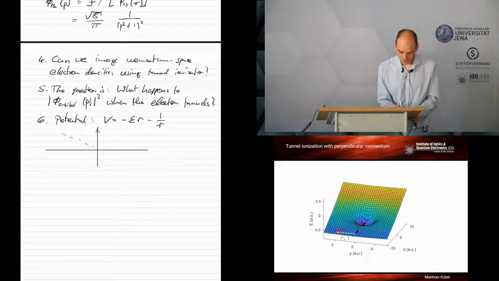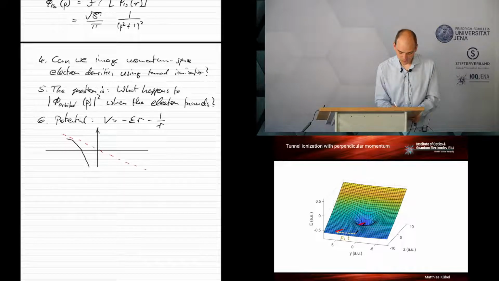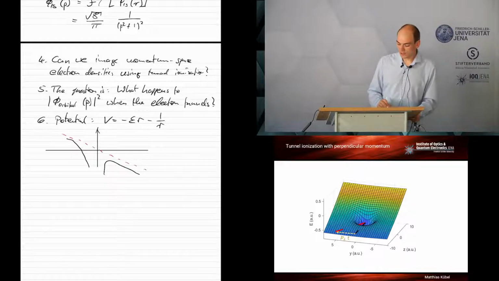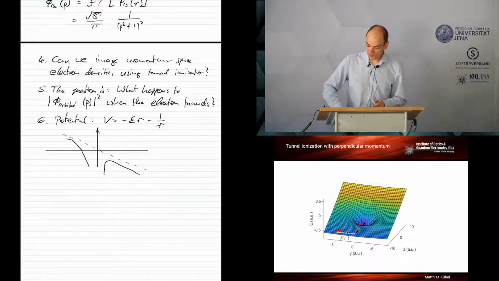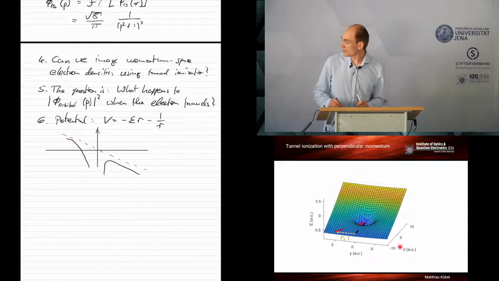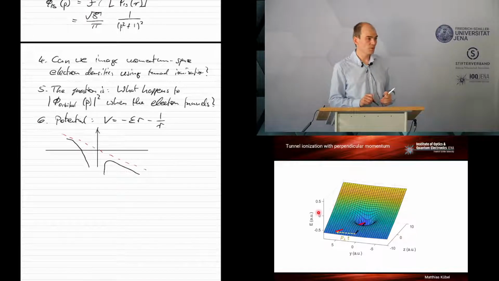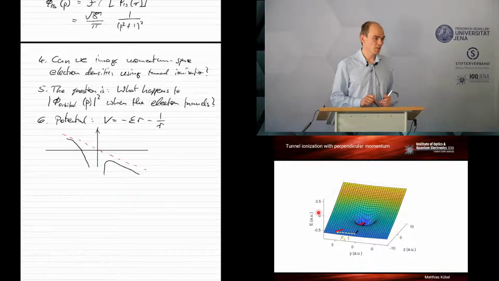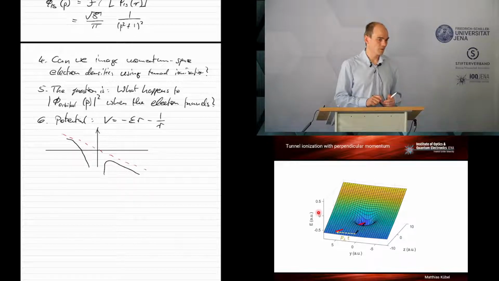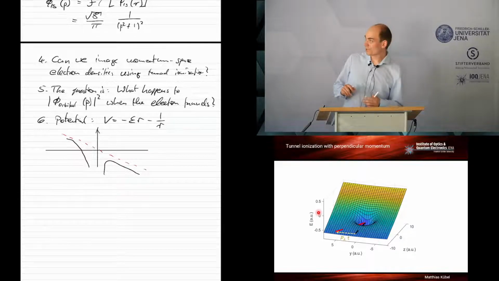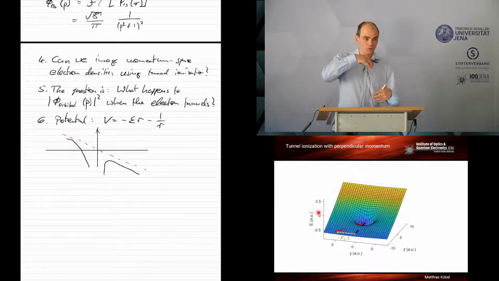Previously in 1 dimension, we had it looking like this. Now we assume that our laser field is polarized along Z, so it distorts this potential in the Z direction, but the direction perpendicular to the laser field remains unchanged. You could change this by using circular polarization. Then this plane here would actually rotate.